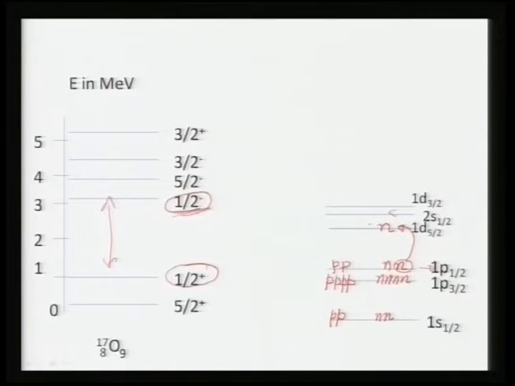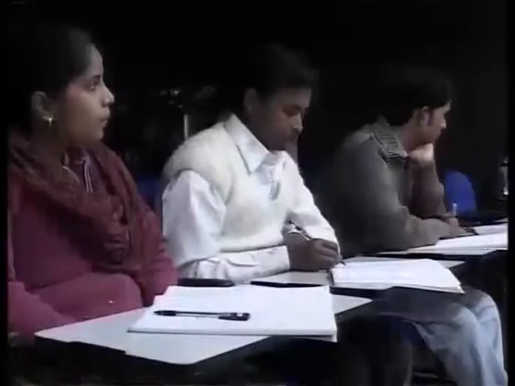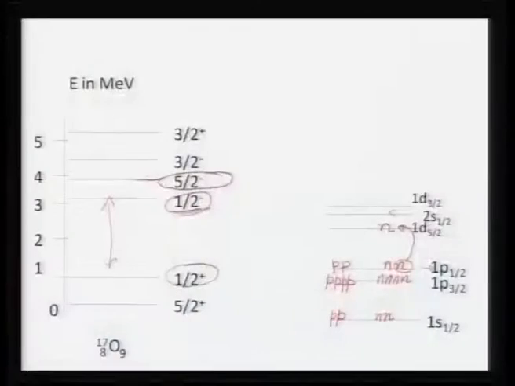Now, come to this 5/2 minus state here, and work out how you can get a 5/2 minus from this energy level. For 5/2, you only have one 5/2 on this diagram, that is d5/2, which is the ground state in fact.